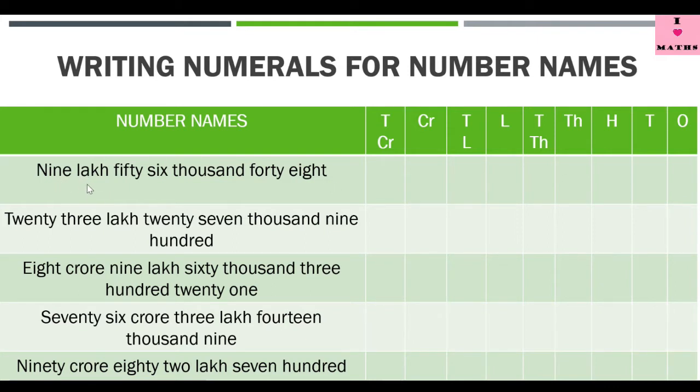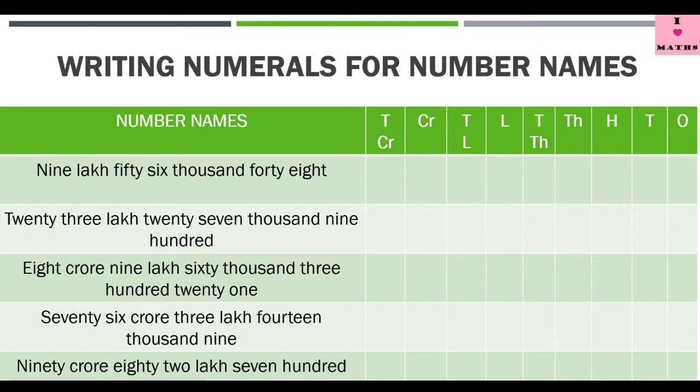Children, since it is clearly starting with 9 lakh, so 10 crore column and 10 lakh column are going to stay empty, or some children like to put zeros in these columns. Both ways, it's absolutely correct. You can leave it empty or you can put zeros.